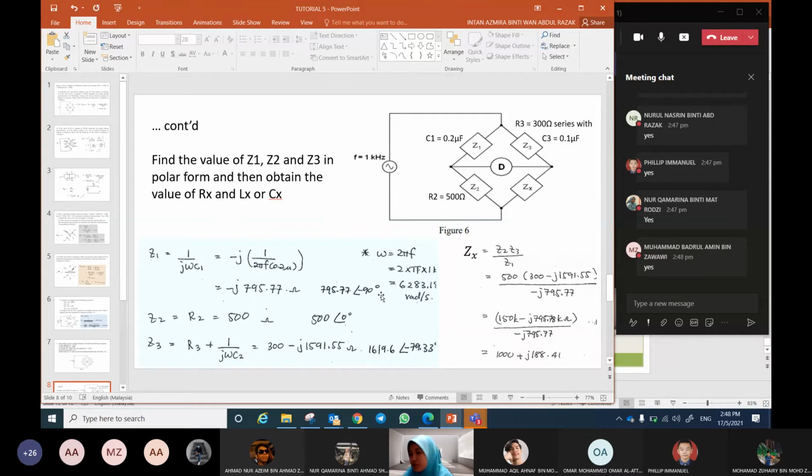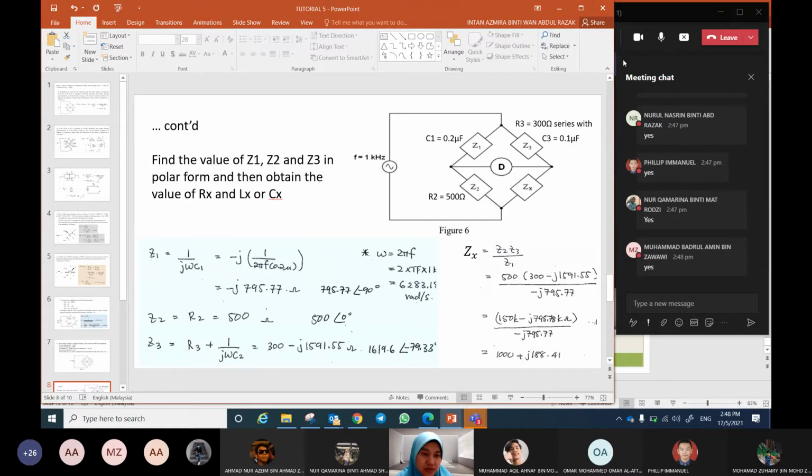Class, how to convert it to polar form? I use the new calculator. I don't know how to transform it to polar form. My calculator is the white one. The casing is white, so I don't know how to convert it to polar form.